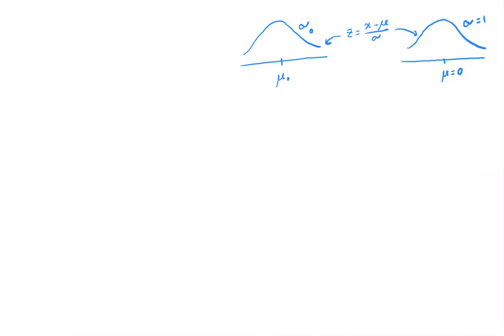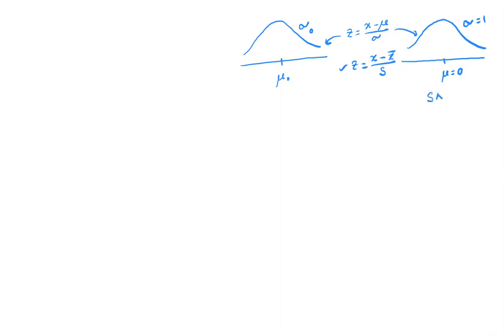All right. And also this is for the population, but for sample, there is a corresponding formula, x minus x bar divided by s. And this is probably what we will be using for the most part. So please do make sure that you are comfortable with doing these things, okay? You go between any normal distribution to standard normal distribution.